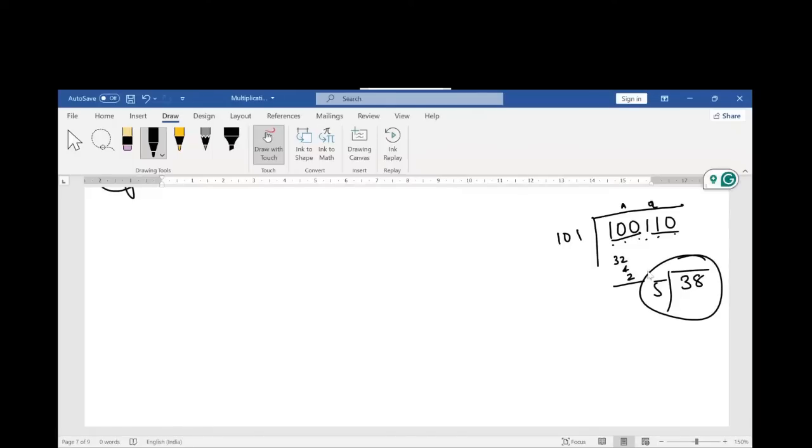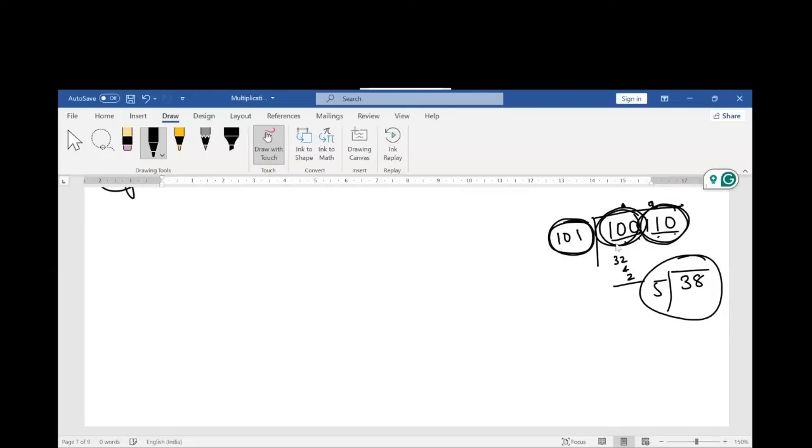Now, if you want to move ahead with division of this number through the restoring method, it will be possible only if there is no overflow in it. What does overflow mean? For checking the overflow, this is A, this is Q. We know that all the registers would be of the same size.